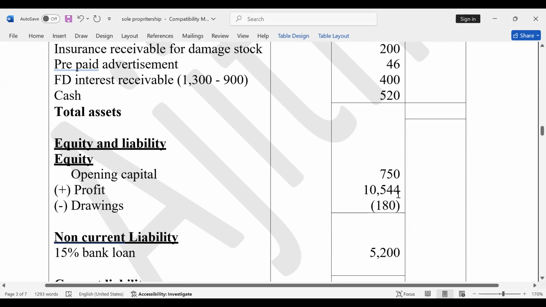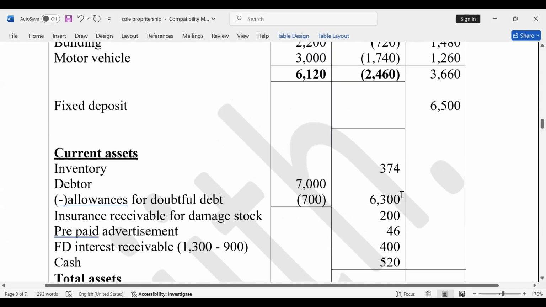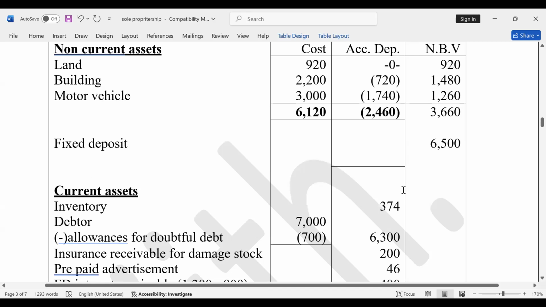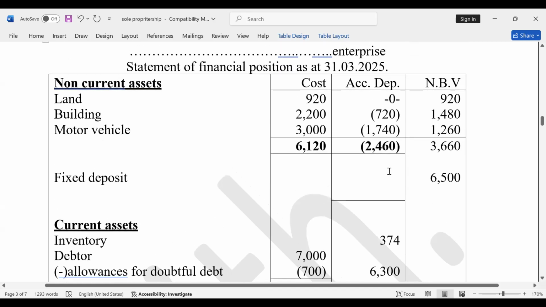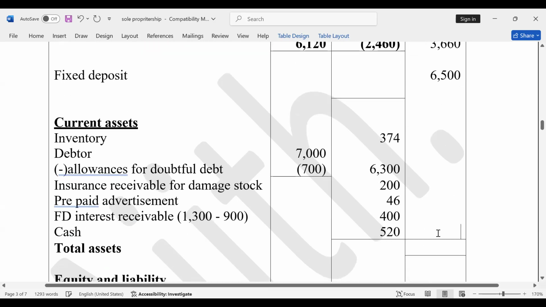Then balance. Think how to prepare income statement and statement of financial position. Non-current assets total value equal 3,660. Then fixed deposits, as well as calculate current assets total value also.